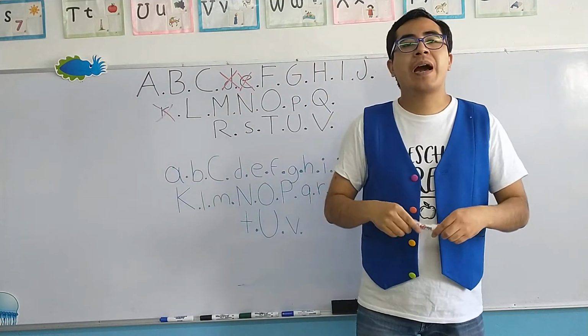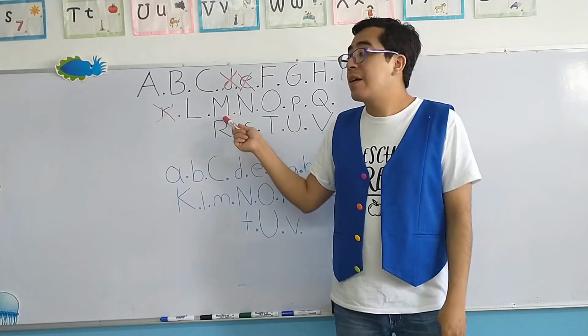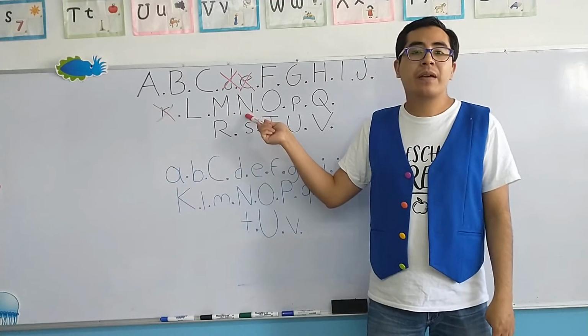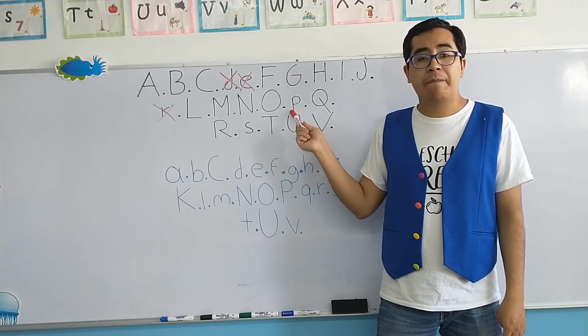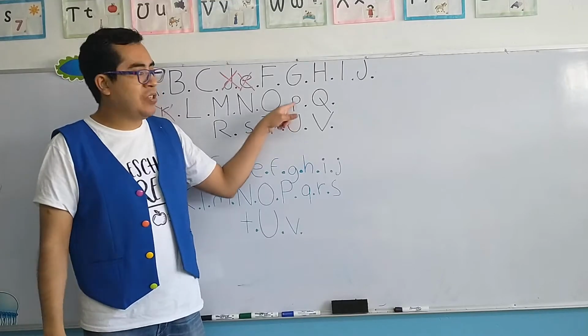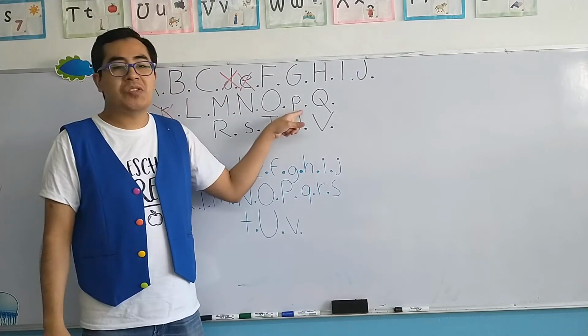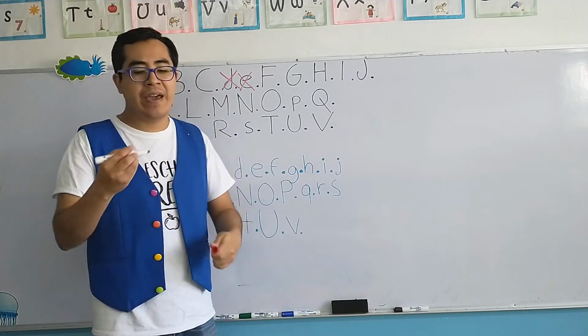Next to capital L, capital M, capital N, capital O, capital B. But there is a problem once again, because this is small b. So we mark it with an X.